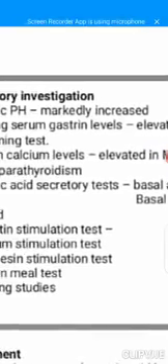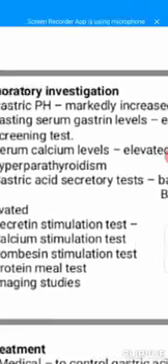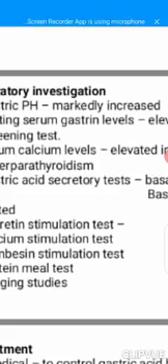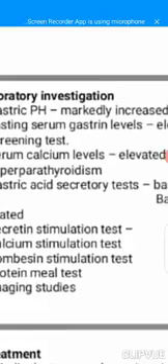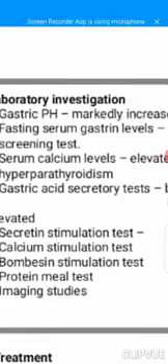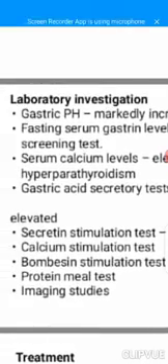Why? Because we have told you that MEN type 1 is associated with other hormones, and one of them is hyperparathyroidism. And you remember, parathyroid hormone always increases serum calcium. So the one that is associated with MEN type 1 will be associated with increased parathyroid hormone production. At the same time, it will also be associated with increased calcium. Why?